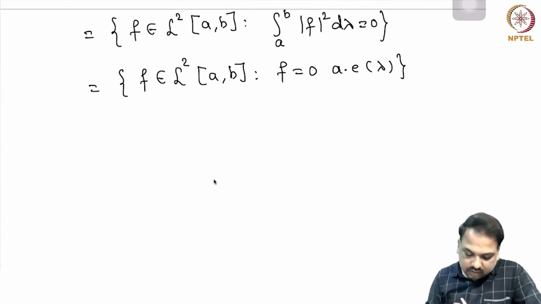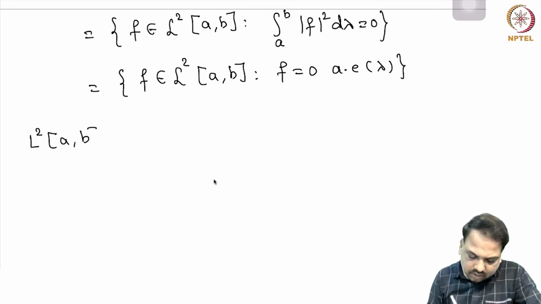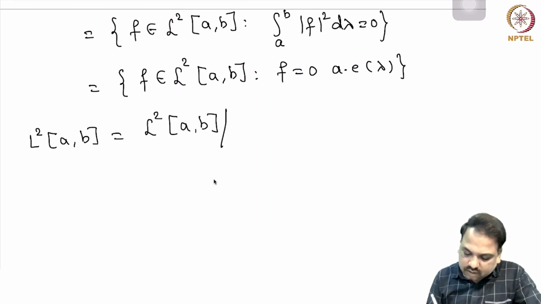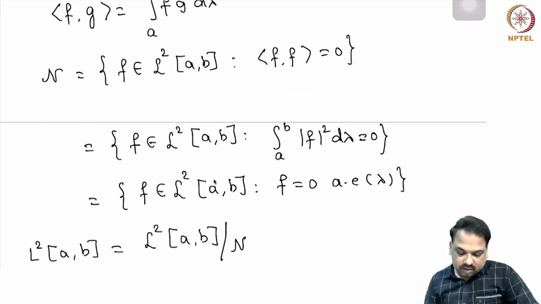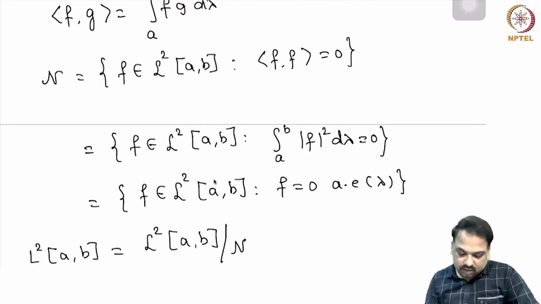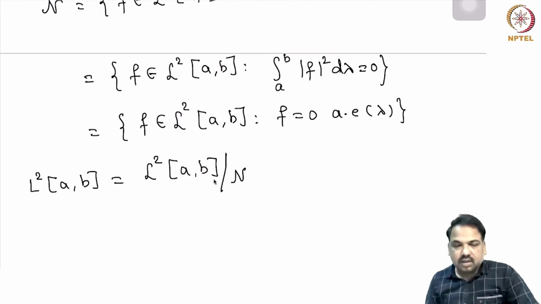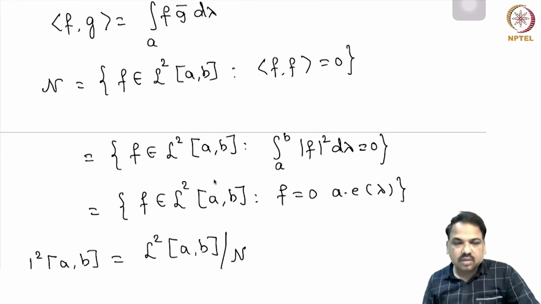Okay, now we define L2 of [a, b] as script L2 of [a, b] quotient with N, and the inner product on L2[a, b] can be defined using the earlier method.